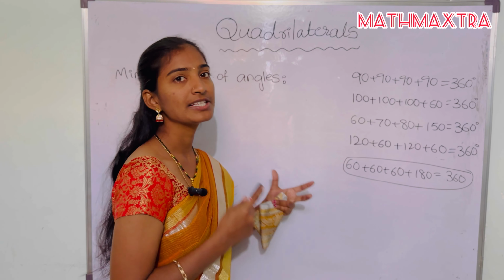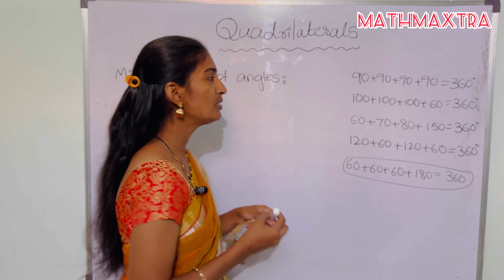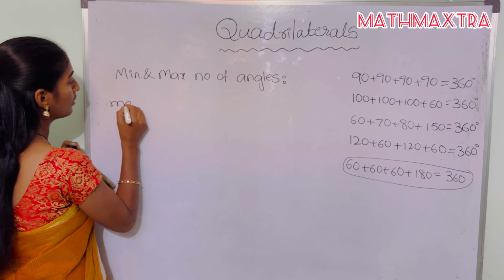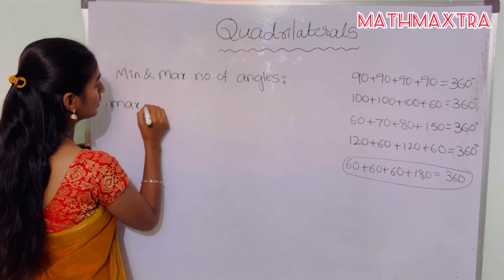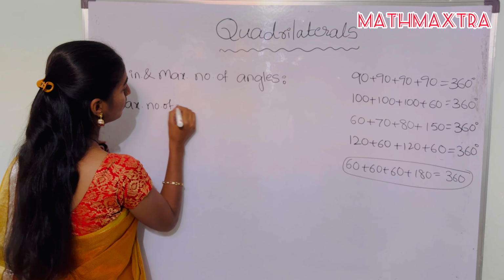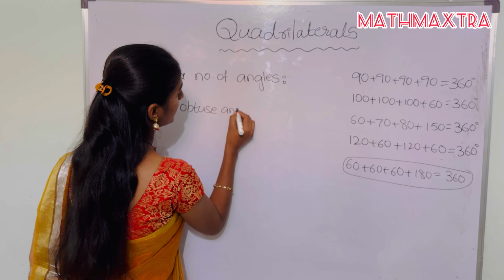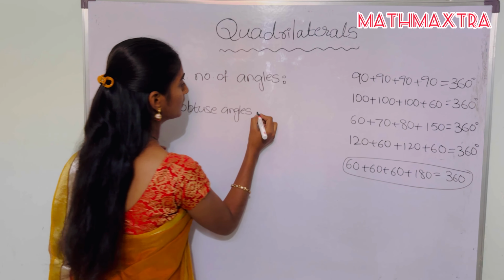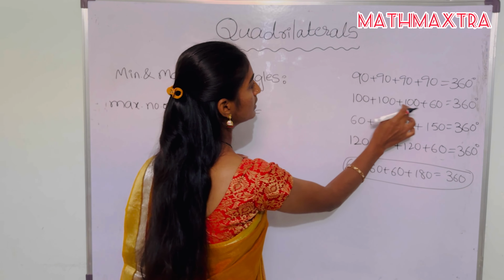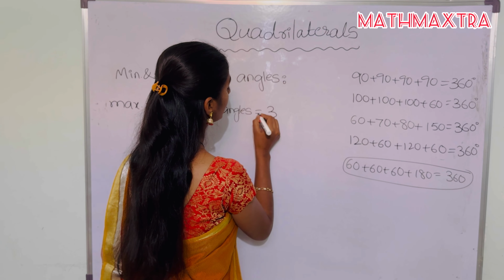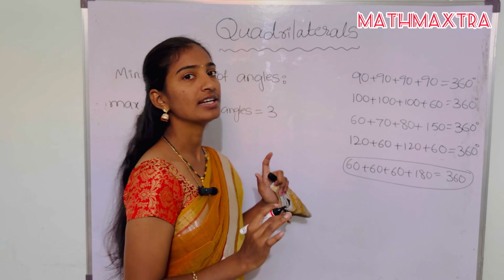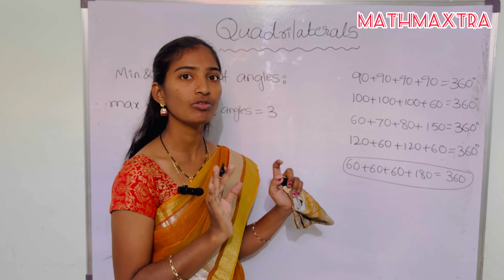So the maximum number of obtuse angles in a quadrilateral is 3. We can consider at most 3 obtuse angles in the quadrilateral.